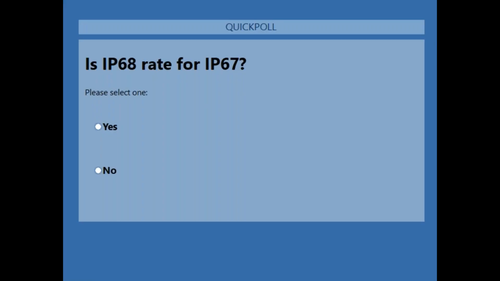Another poll question. Is IP68 rated for 67? I think this one's a much easier one for everybody.